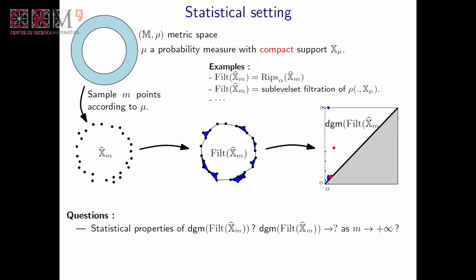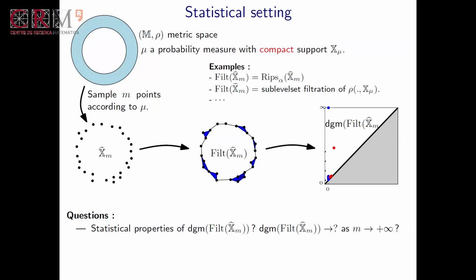The filtration that we build on this data set is not random, it's deterministic. It can be, for example, the Rips filtration, the Čech filtration, the sublevel set filtration of the distance to the point cloud, or anything else. Then we compute the persistence diagram. So now we can see this persistence diagram as a random variable that takes its value in the space of persistence diagrams.